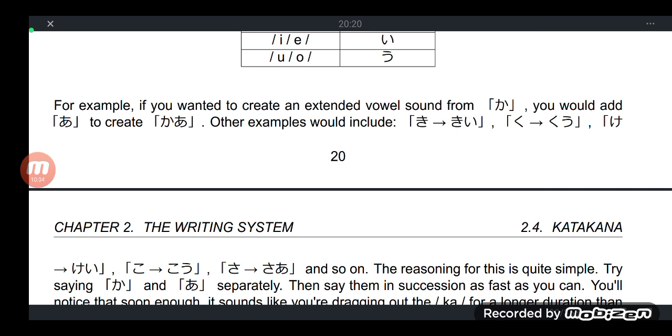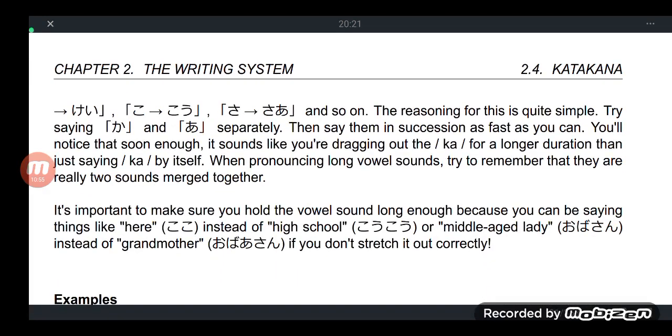So what would be the effect? The ka becomes prolonged. The a part in that ka becomes prolonged. So the ka becomes kaa, and the ja becomes jaa, and the ki becomes kii. The ku becomes kuu, so on and so forth.